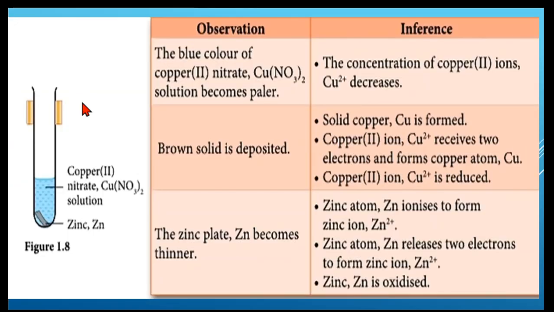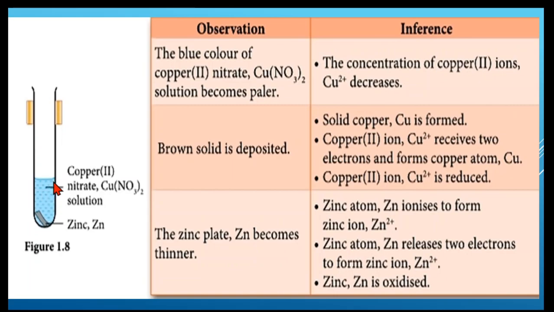Okay. Contohnya di sini. In this tube, kita ada copper 2 nitrate solution, CuNO3 2. Warna dia, initial color dia adalah biru.